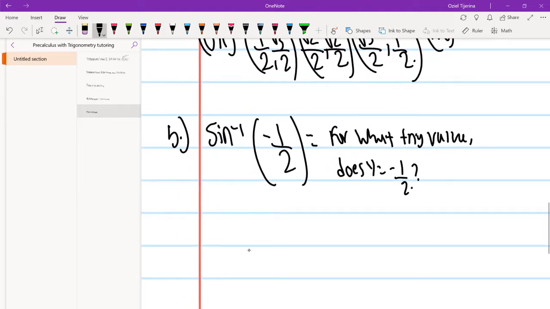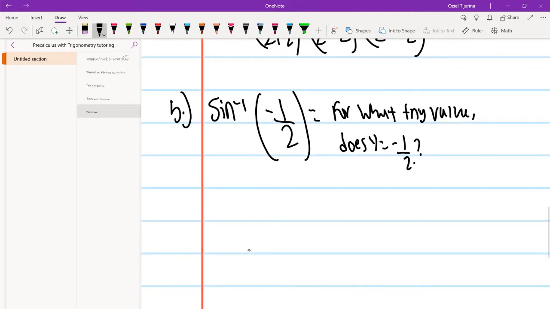Well, if you look at your unit circle, you look at your quadrants, so it's going to be positive, positive, negative, positive, negative, negative, and positive, negative.